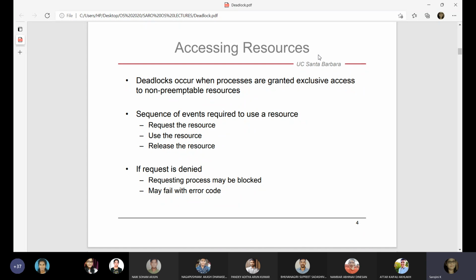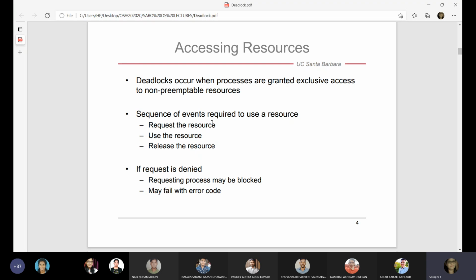Otherwise, as in the simple example we saw, if it is preemptible, the operating system can remove the resource from any one process and give it to another process. That is possible only in a preemptible system. So we are talking about deadlock only in non-preemptible systems, that means the shareable resources are non-preemptible. Then only the deadlock can occur.